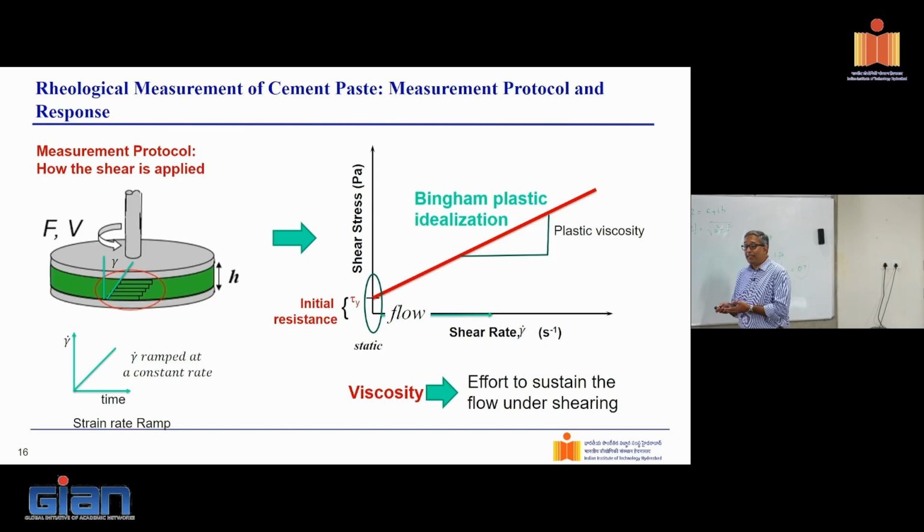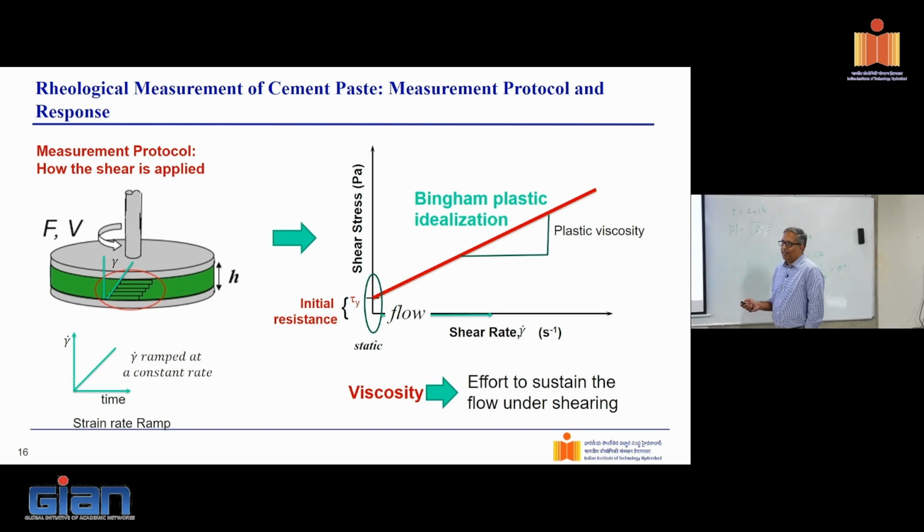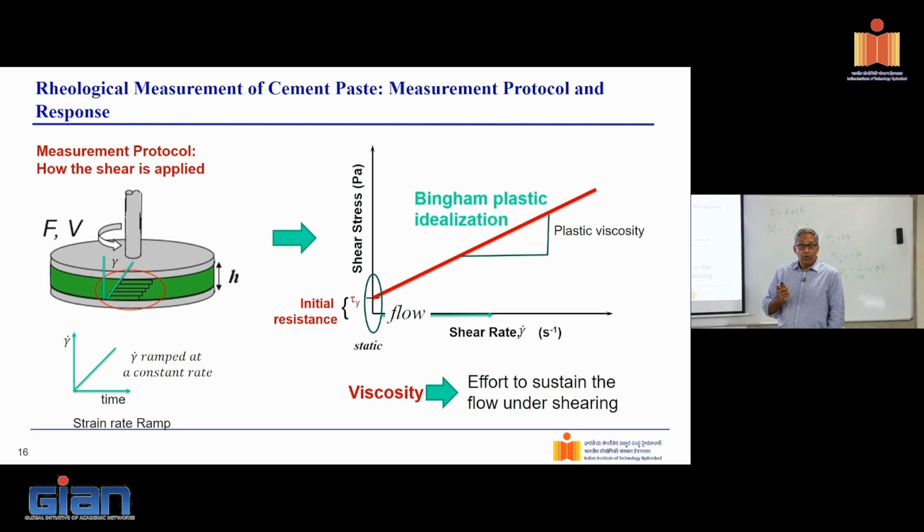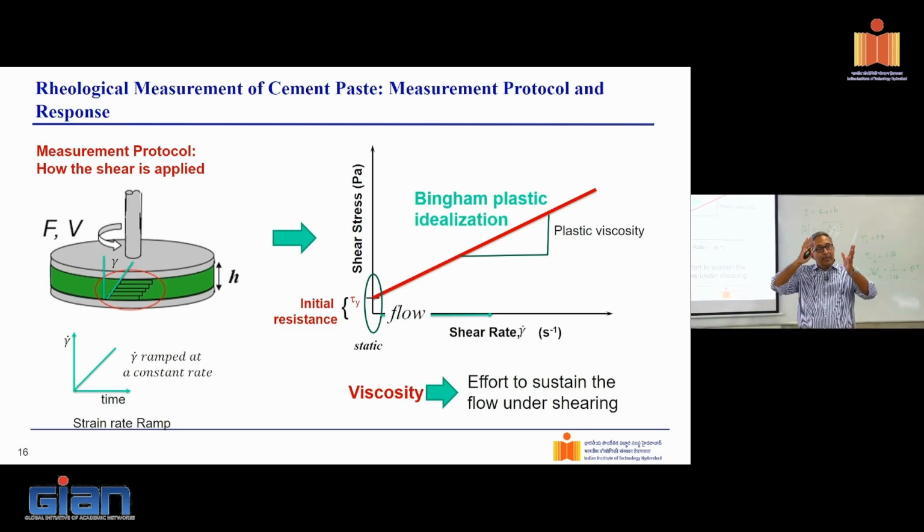This is another interpretation which you get from a different measurement. Because it is coming from a strain rate ramp, this yield stress that we measure, which is nothing but the intercept of this graph, is called the apparent yield stress. How did we measure the yield stress previously? We sheared the material and measured the resistance. At some point, the measurement peaked and then it started to flow, right? But what are we doing here?